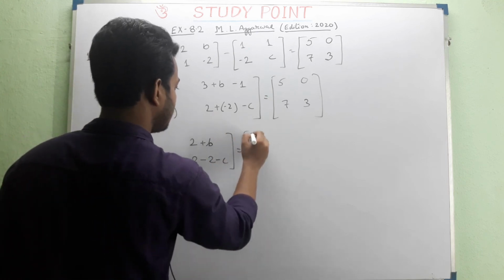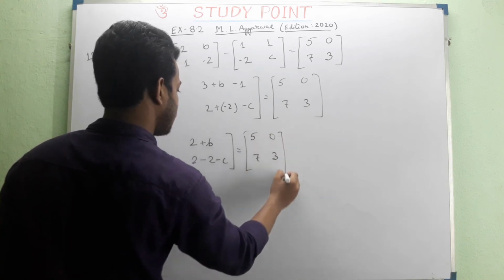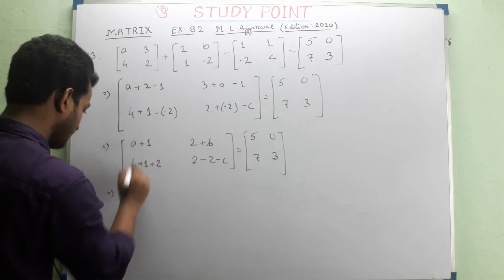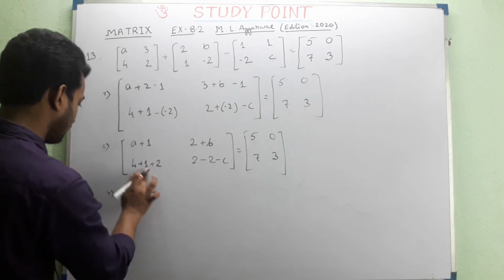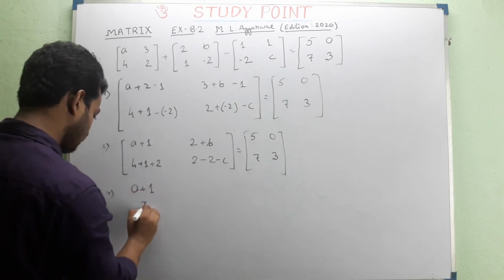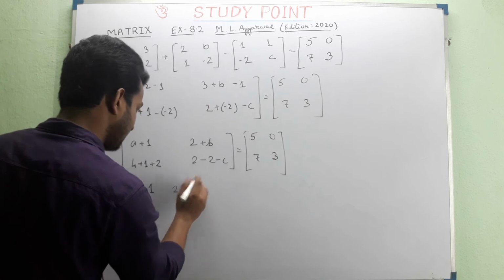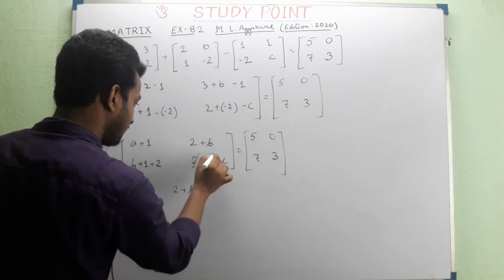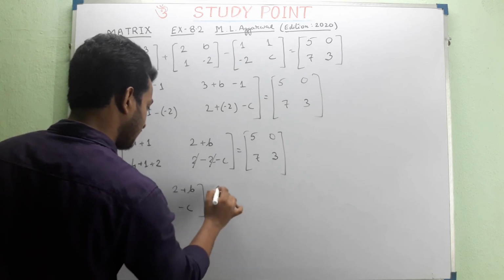That is equal to 5073. Now it is a plus 1, it is 5, 1 plus 1, 4 plus 1 is 5, 5 plus 2 is 7. It is 2 plus b, and this one will be, see, plus 2 minus 2 will get cancelled and it will be minus c only.